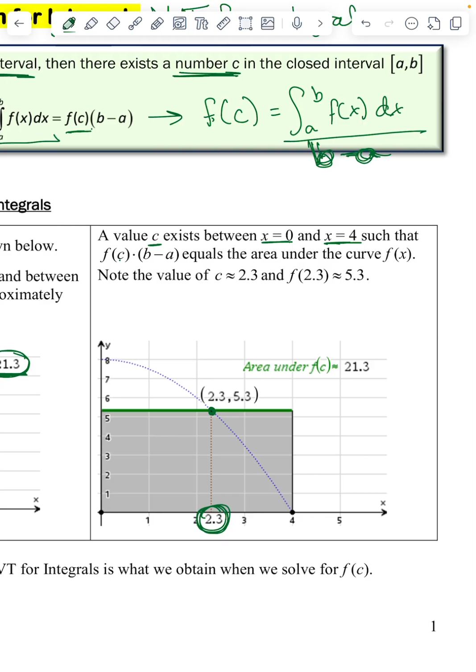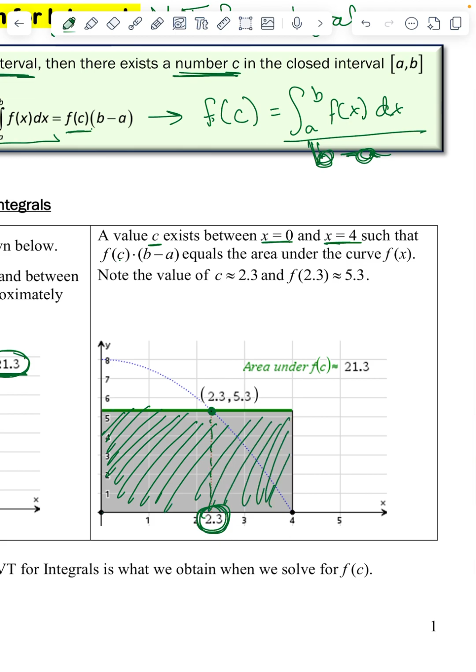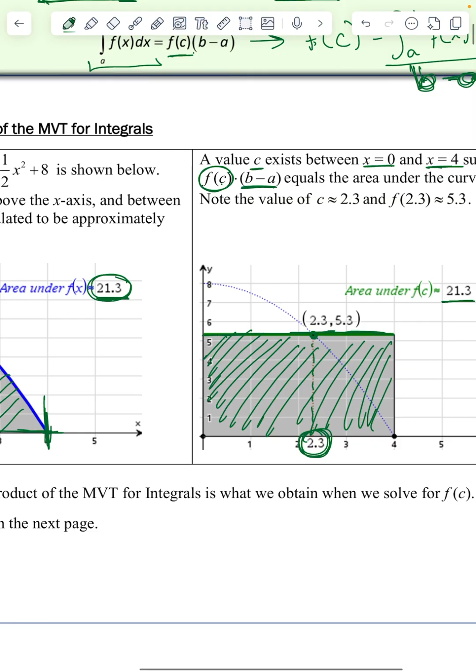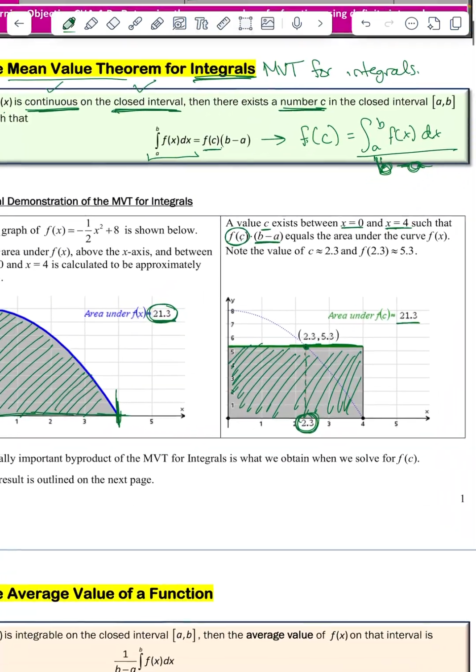If I went up to that point on the curve and found the area from 0 to 4 with a height of f of c, because that's our height and that's basically our width of this little rectangle, that area underneath f of c is equal to 21.3. All right, so let that sink in for a second.